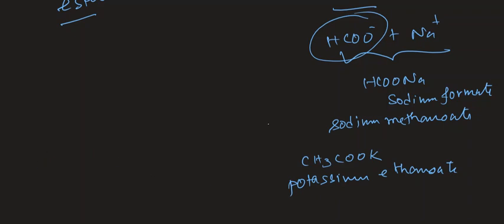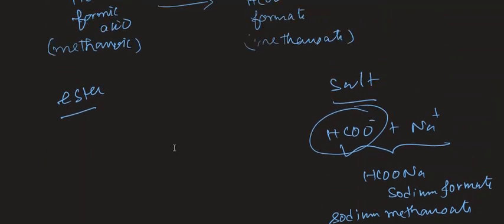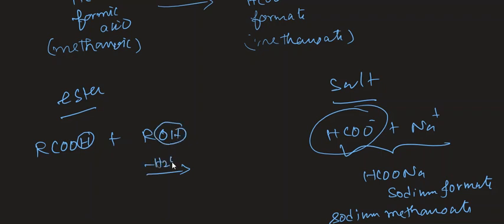Right. And esters are formed by combining acid with alcohol. How to represent the alcohol? You can represent the alcohol like this, ROH, and the acid RCOOH. Acid plus alcohol gives ester. So they react, and the H and OH are removed as water, so that you get RCOOR'.